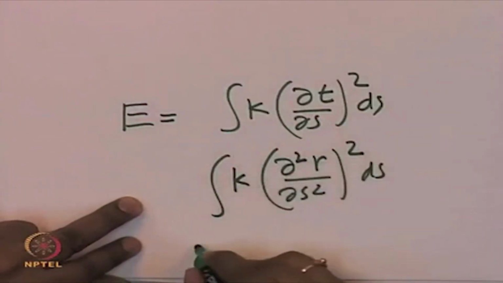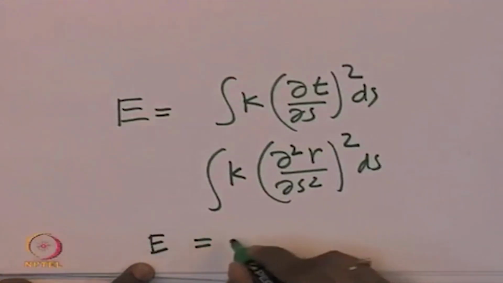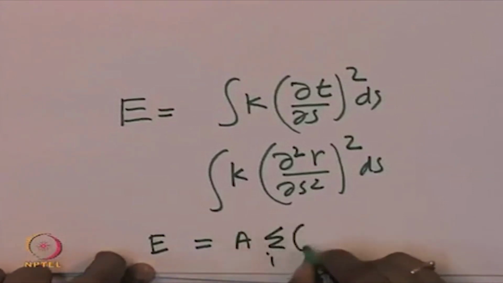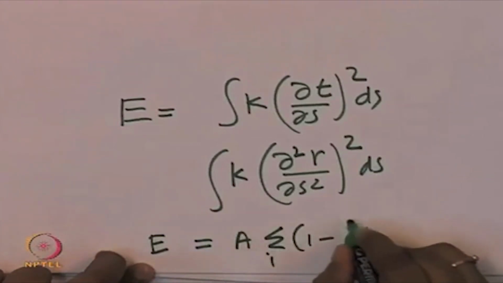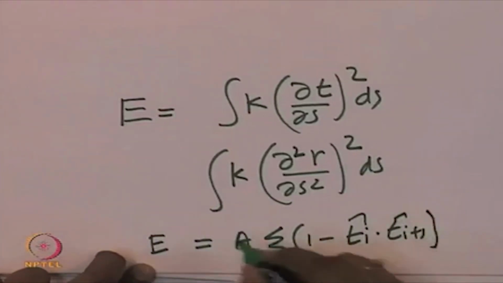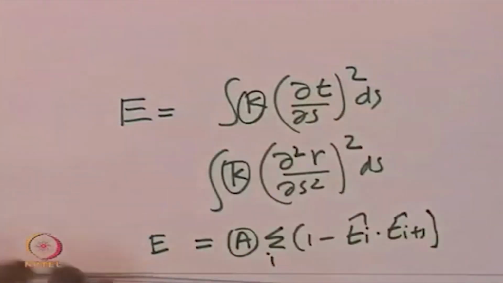Now, we also wrote this in the discrete form: A times the sum over i of (1 minus T_i dot T_(i+1)). Now, what is this kappa or k related to?